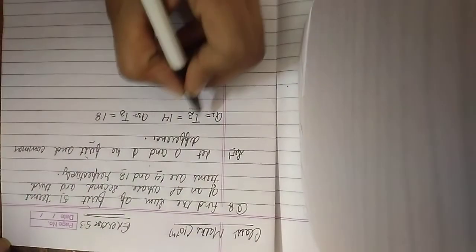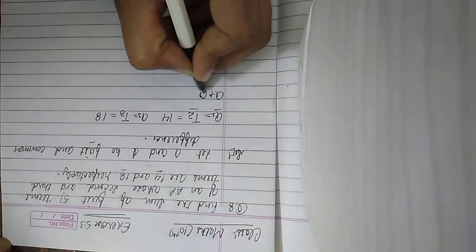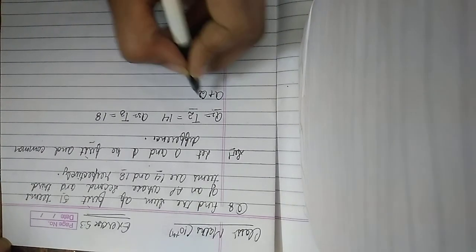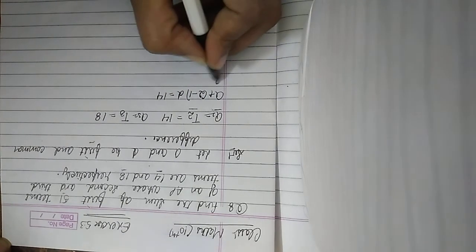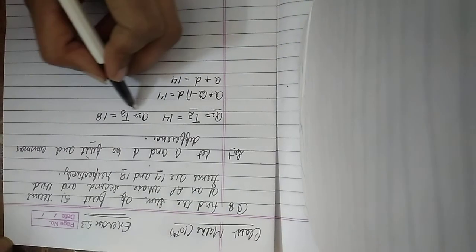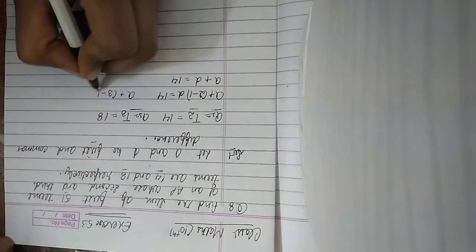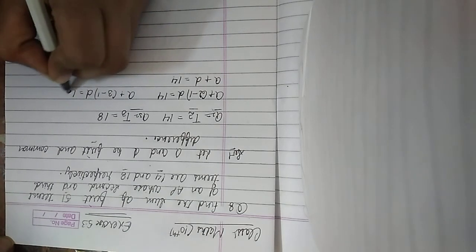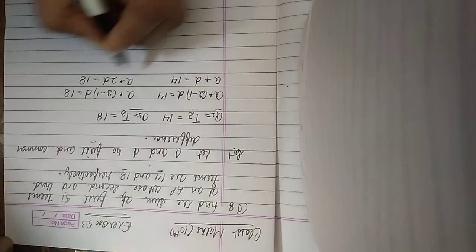Now A2 can be written as A plus n minus 1 into D, here n is 2. Second term: A plus 2 minus 1 into D equal to 14. So A plus D equal to 14. Similarly, A3 can be written as A plus 3 minus 1 D equal to 18. So A plus 2D equal to 18.